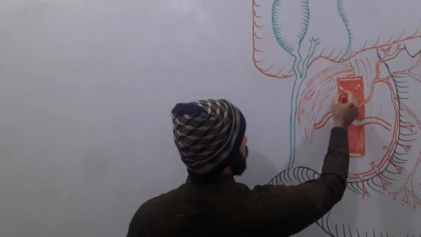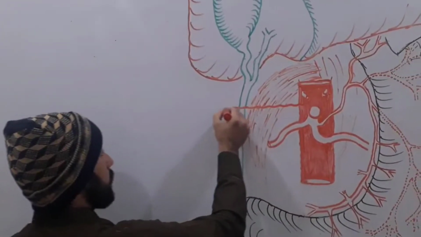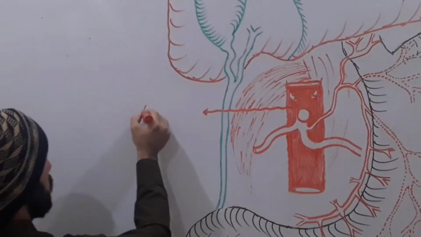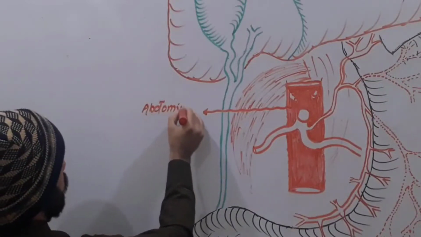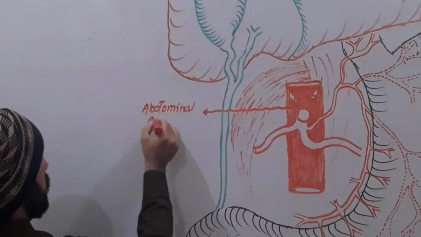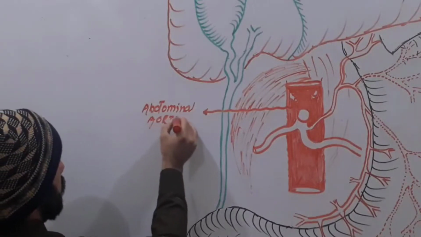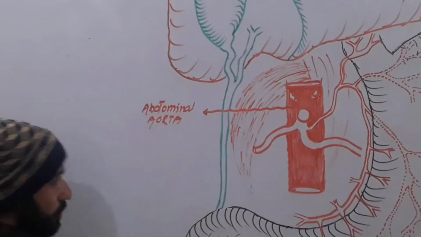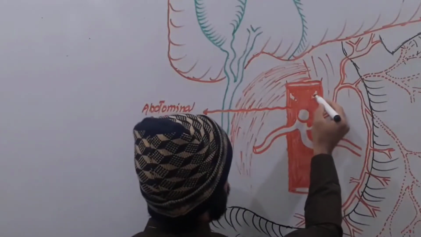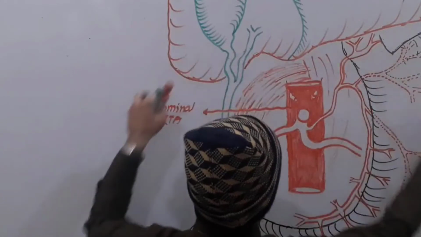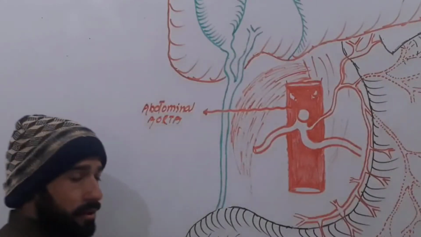First of all, let me mention that this big branch which is present in the center, what is this? This is our abdominal aorta. Clear, friends? Now from the abdominal aorta, the first two small branches arise and go superiorly to the diaphragm, right?